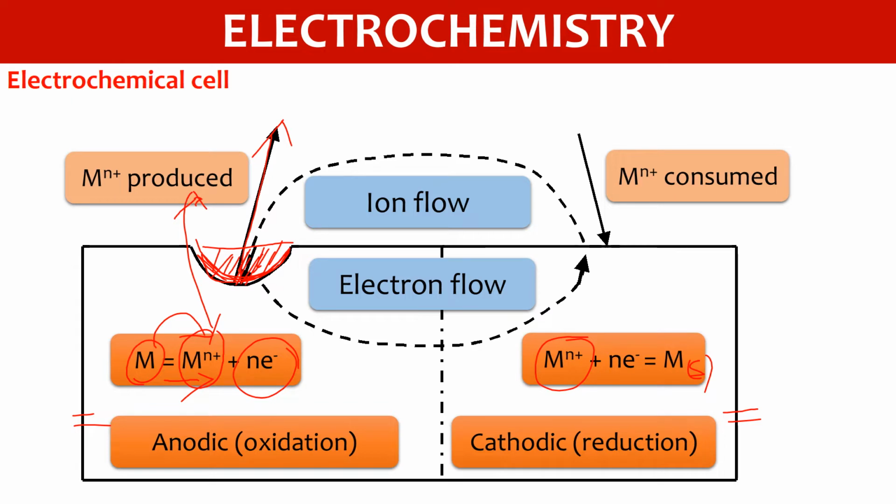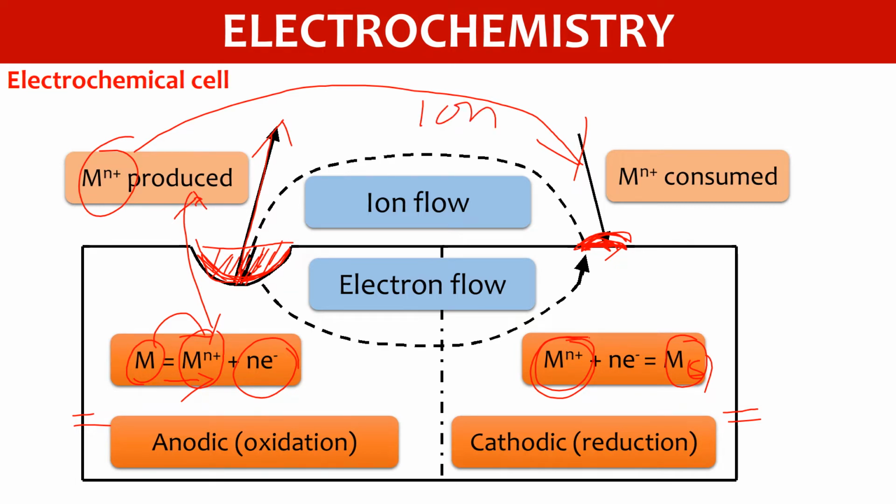If we now take a look at the cathodic side, we can see that our metal ions are being consumed to form a solid. Here there should probably be something to show some deposition. The Mn2+ ions that are produced at the anodic side are being consumed at the cathodic side. So this is the ion flow.